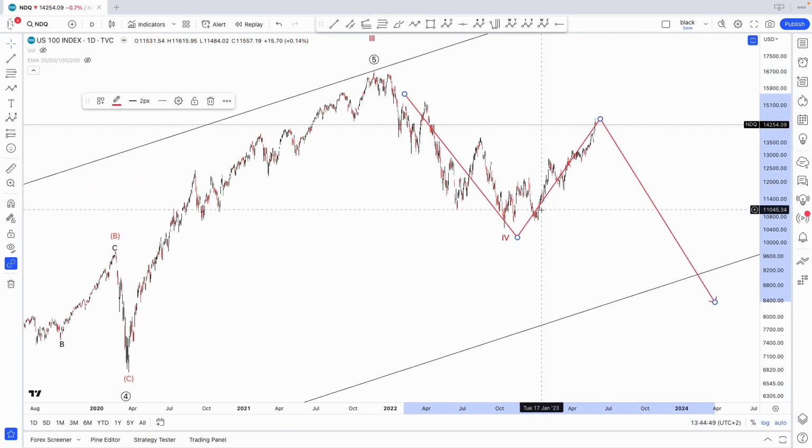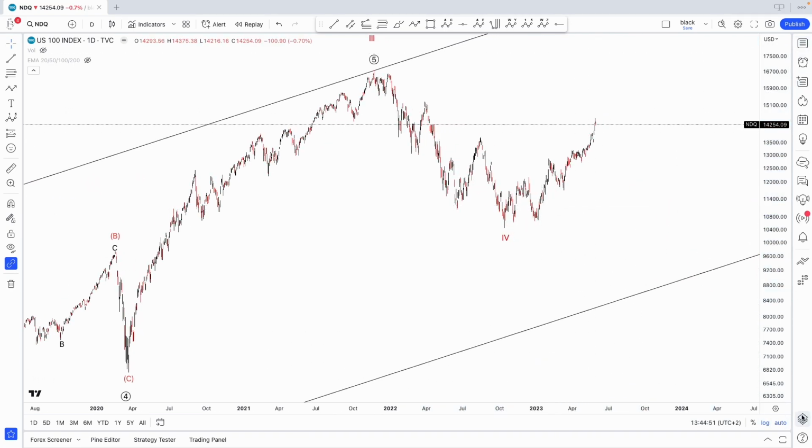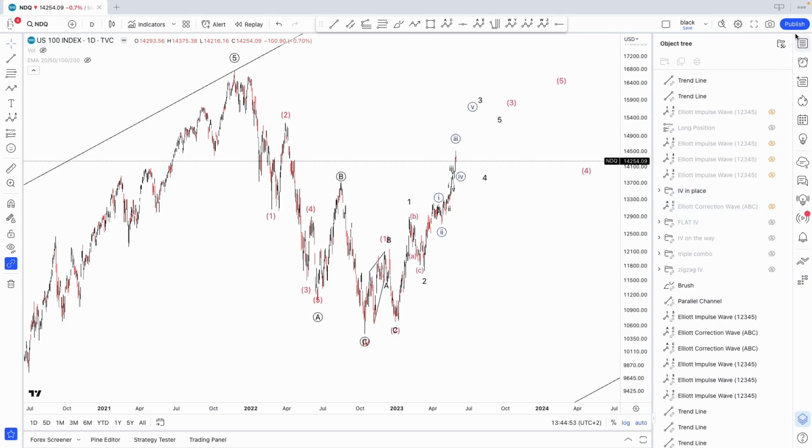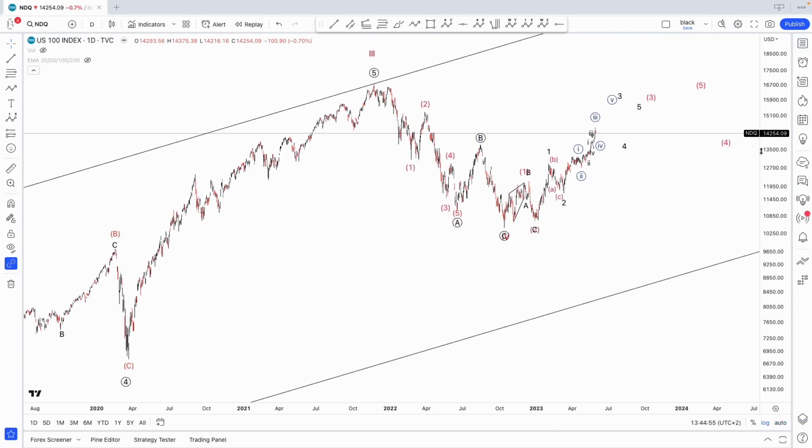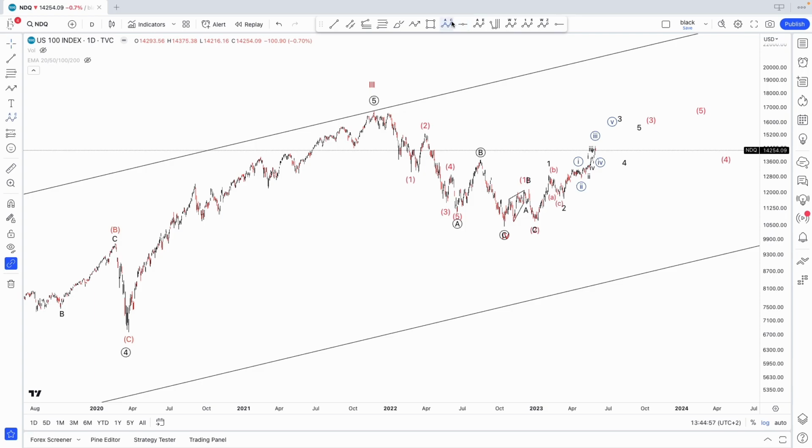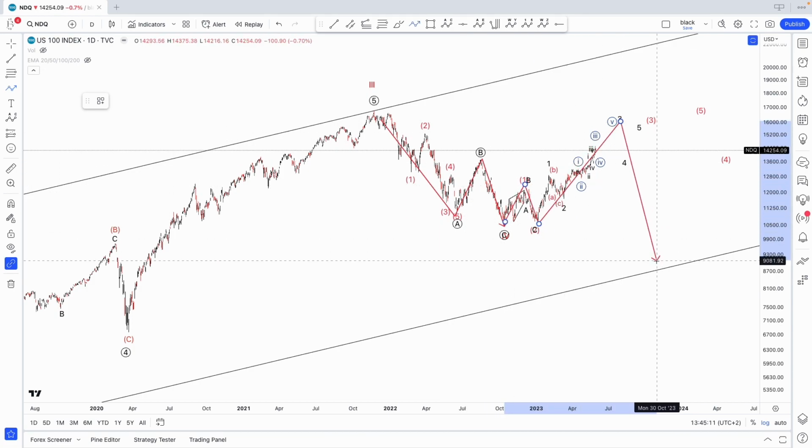As you can see here, let's bring up the count. I am considering, obviously, being wave 4, a 3-wave move to the downside. And as we've had a 3-wave move to the downside, we could also be in some sort of a 3-wave move to the upside and then resume lower.